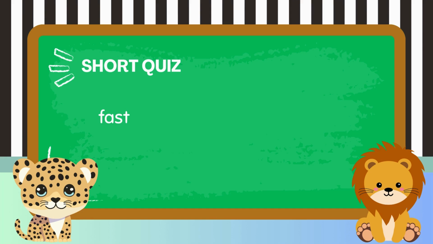So cute. We have a cheetah and a lion. And the adjective given is fast. So, what is the comparative form for adjective fast? Do you have any idea?